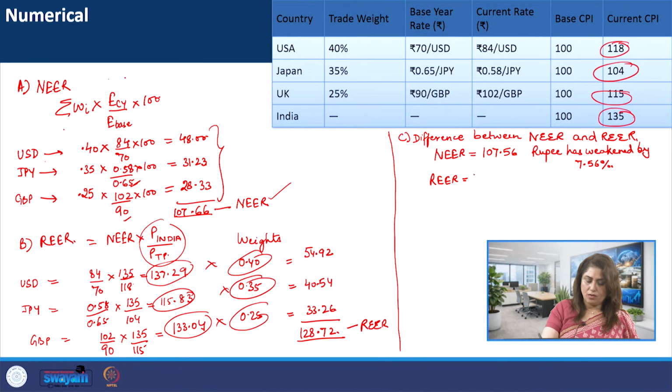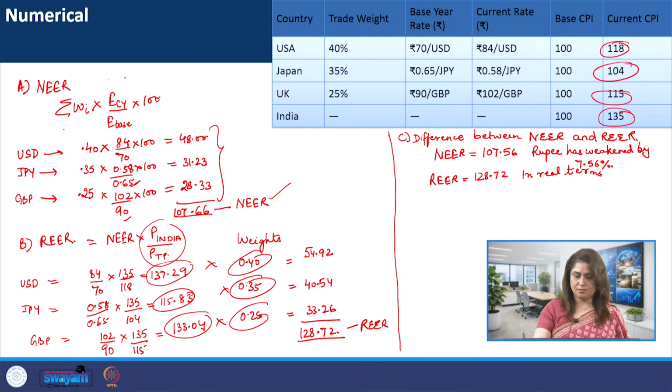we have the value of REER as 128.72. It shows that in real terms the rupee is 28.72% above its base year level.